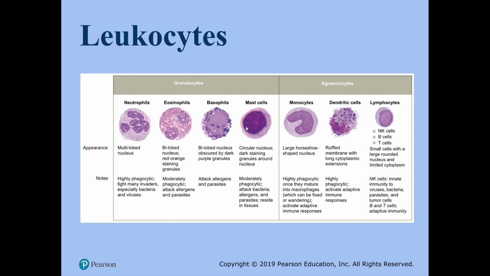Another thing to note is that each of these leukocytes have different nuclei, and I just look at this picture over and over to remember. Neutrophils are multilobed, so you can see there's a bunch of different nuclear lobes.